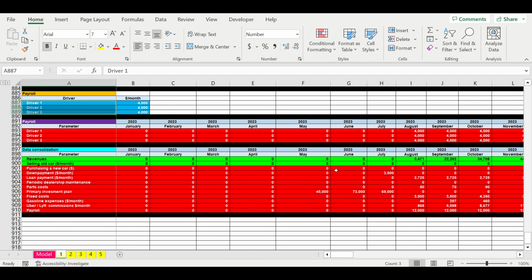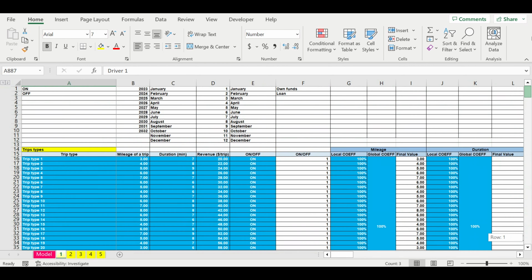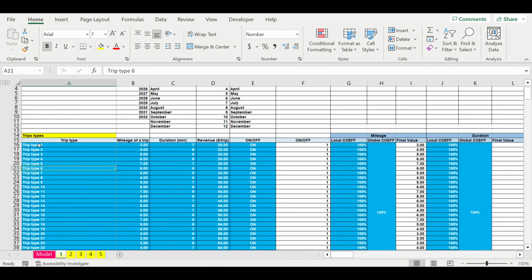If we look at the first yellow tab as an example, the blue cells are our inputs. Here we have different types of trips. We can specify the mileage of each type of trip, the duration of this trip, and the revenue from this trip. We can switch this trip on and off from calculations.